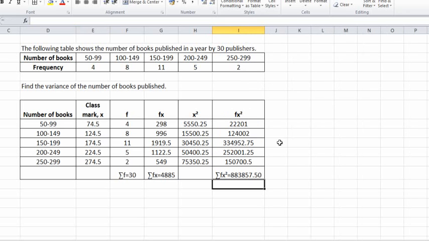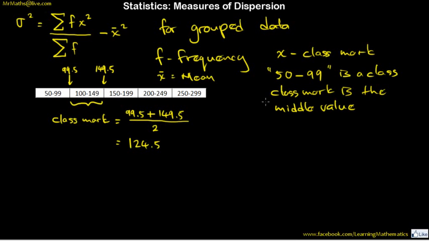Let's make it a little bit bigger. I will copy this table into my blackboard for easy reference. I need to get rid of a few things here.